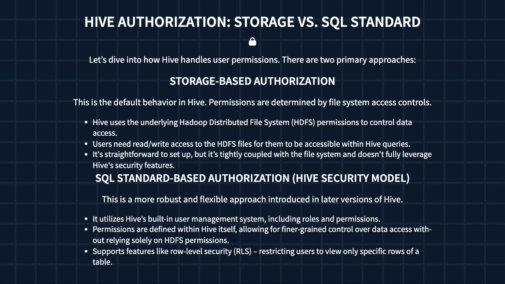It's simple but limited. Now, there's also SQL standard-based authorization, which is Hive's own security model. This means permissions are managed directly within Hive using users and roles. It gives you much more granular control, especially when it comes to things like row-level security, where you can restrict individual users from seeing only a portion of the data in a table.